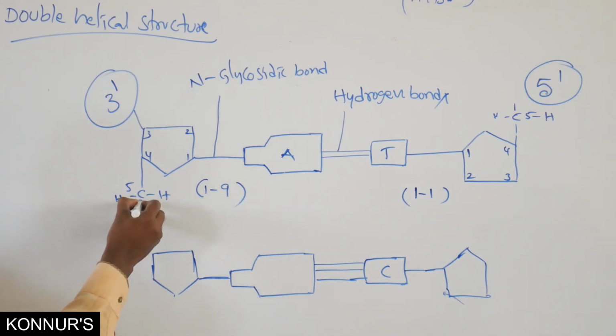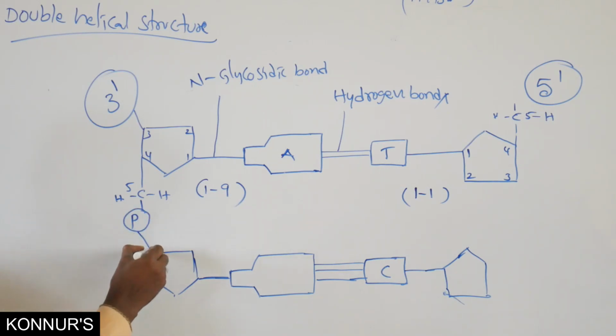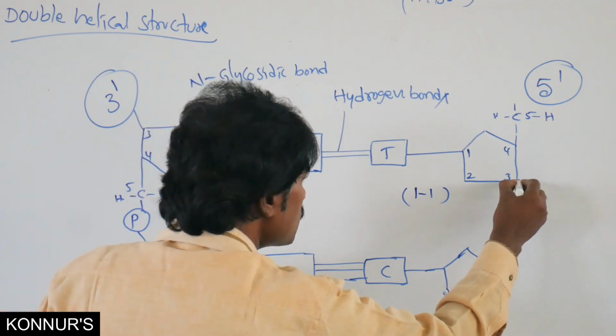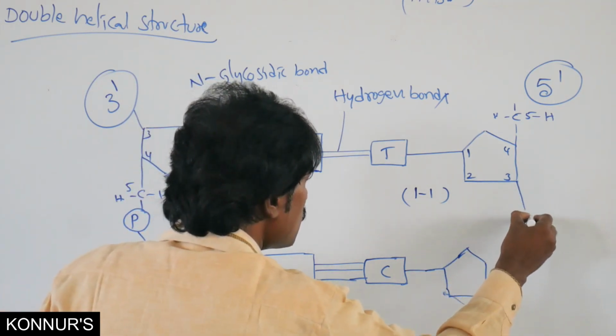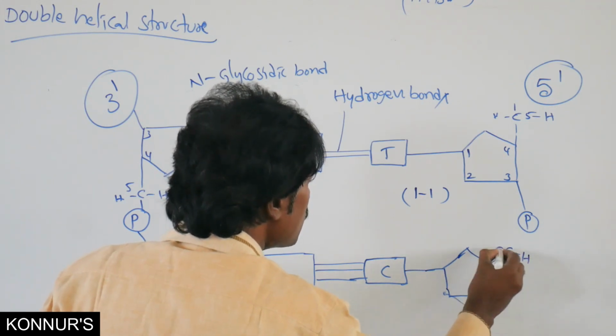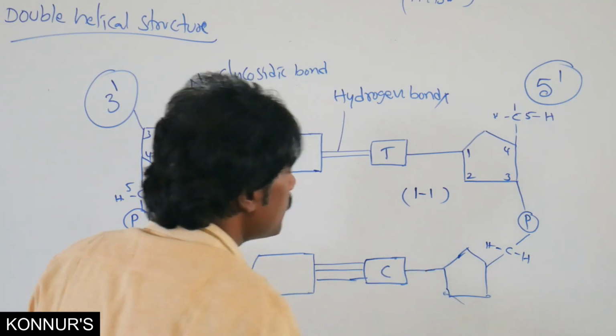Here fifth carbon, here third carbon. So at the fifth and third carbon, the phosphate group is connected. Here also the third, as well as the fifth one, is connected.